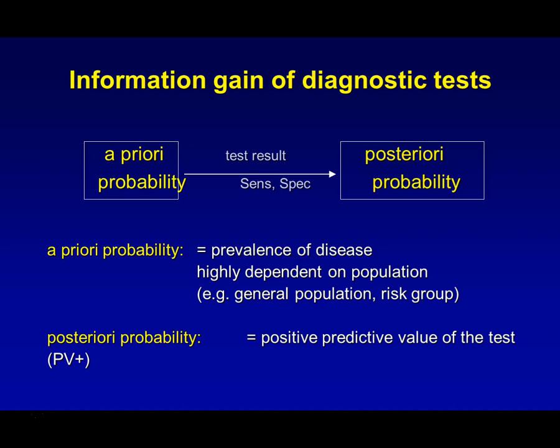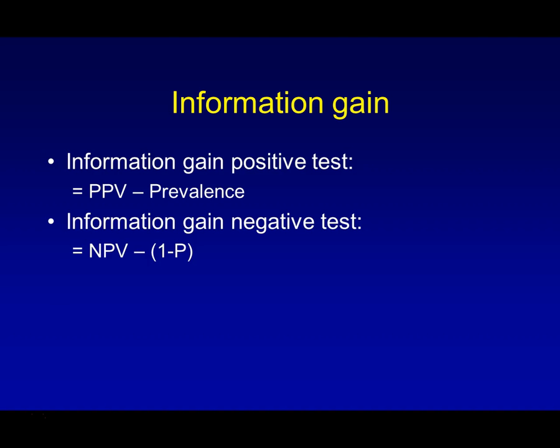Anyhow, we have a prevalence of disease, an a priori probability. We have a test result with a certain sensitivity and specificity, and the combination of them gives the posteriori probability, which is the positive predictive value of the test. The information gain of a positive test can thus be calculated by subtracting the prevalence from the positive predictive value.